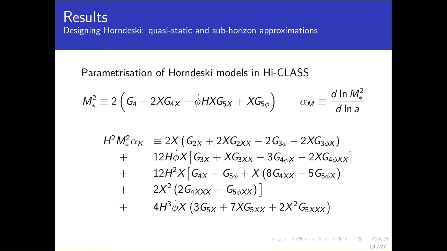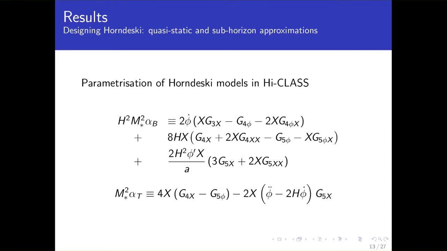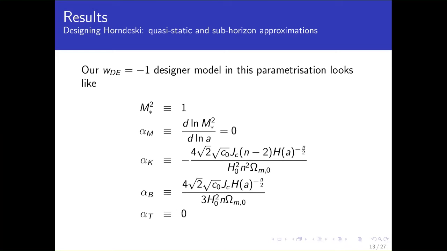uses a parametrization for this kind of models in terms of alphas, which are given by these expressions here, right? Since we have already a specific model, we can implement it in hi_class by just replacing our model in the expressions for the alphas, and they look, in our case, very simple.